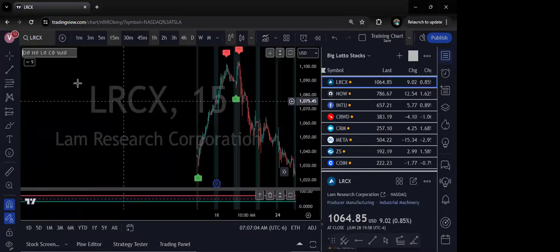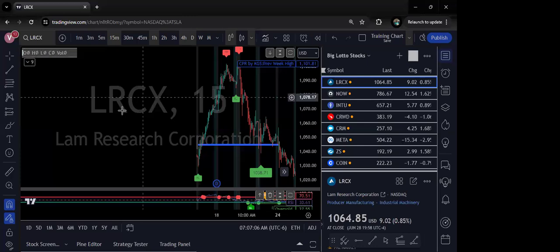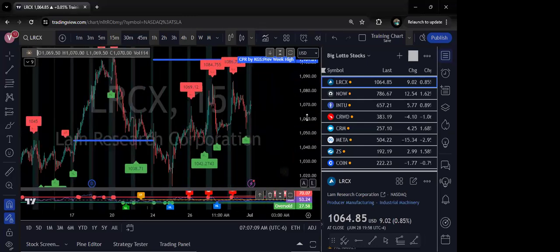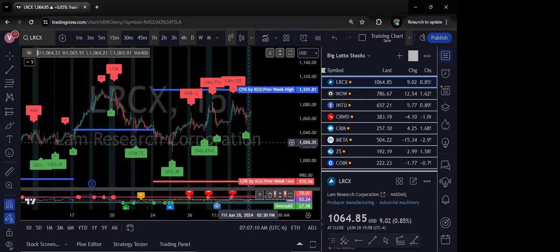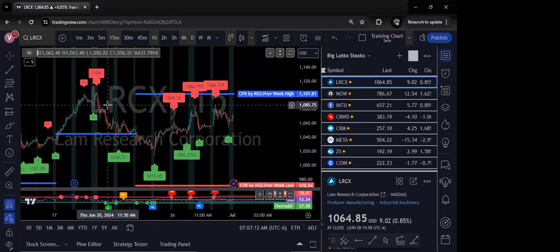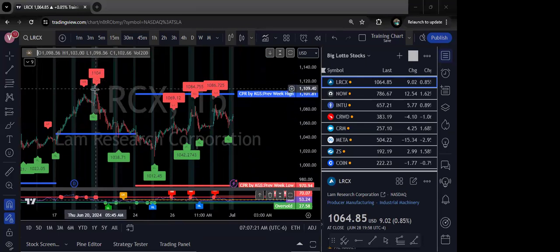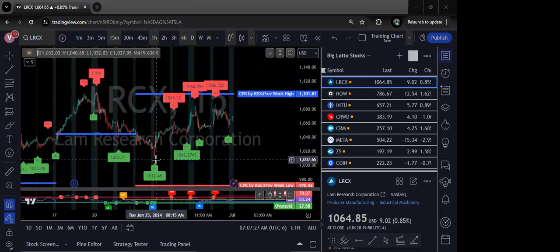Go back two weeks, not just one week. So this one, we came from 1104 on the 20th. It came down to 1012.